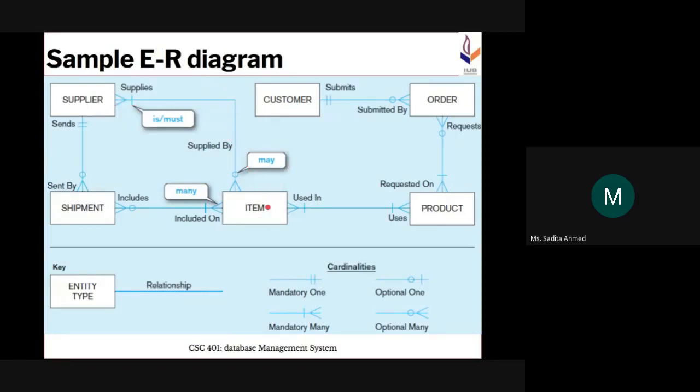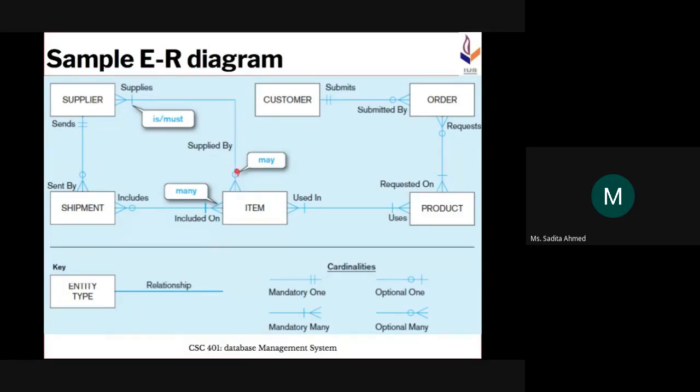What we want to say is, there could be a supplier in the database who doesn't supply any item, or who hasn't so far supplied any item at all. And there could also be a supplier who supplies one, two or many items. So what we mean by that: a supplier may supply many items. But a supplier can exist who supplies no items at all.